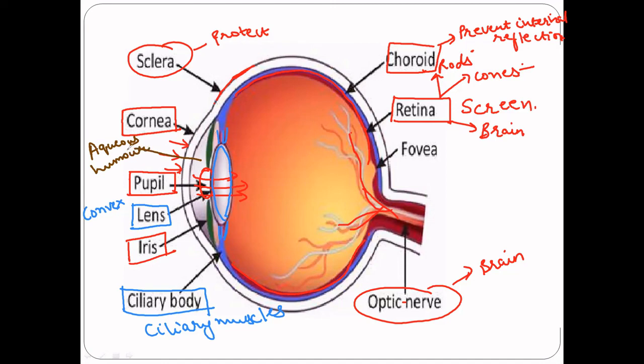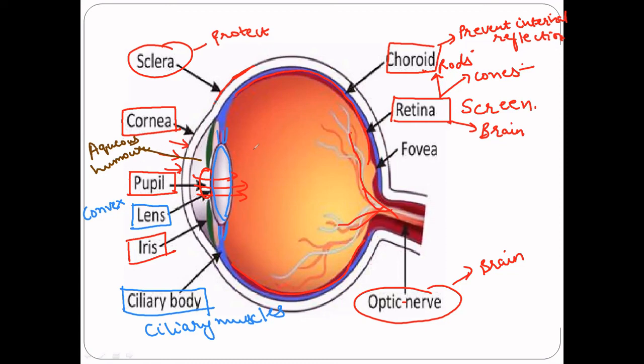The function of the aqueous humor is to prevent the front part of our eye from collapsing and to keep the cornea moist, right?